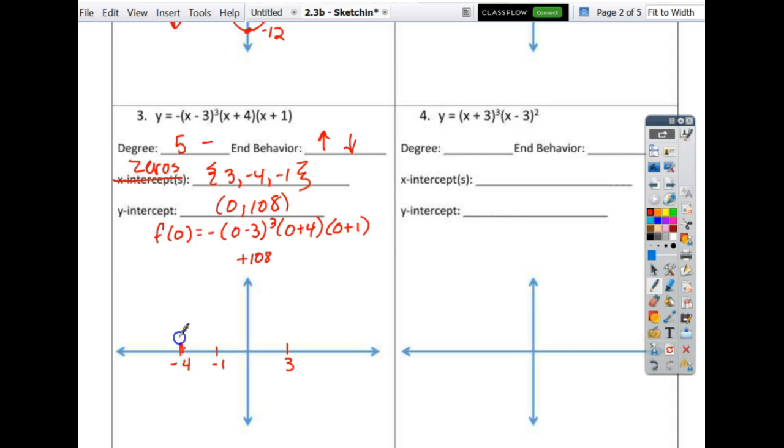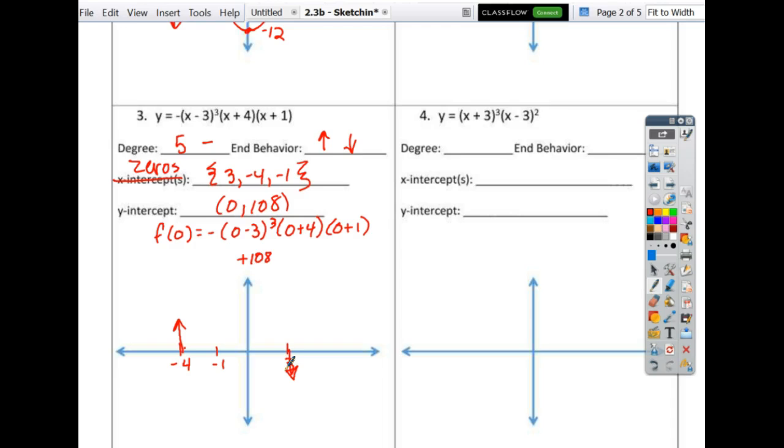So this is up and this is down. So next, what's the exponent at 3? So what does that tell you? It's odd, which means I have to have a point of inflection there.